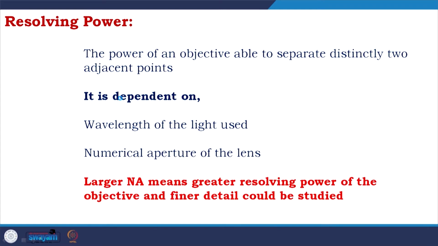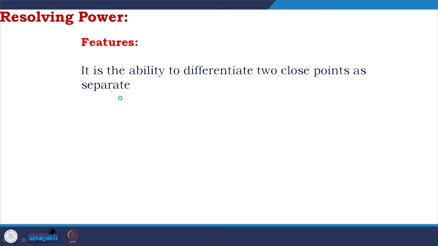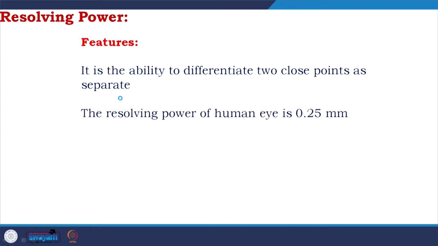Larger numerical aperture means greater resolving power of the objective and finer detail could be studied. We will come to resolving power when we also make a transition from a light microscope to the electron microscope. Resolving power is the ability to differentiate two close points as separate.